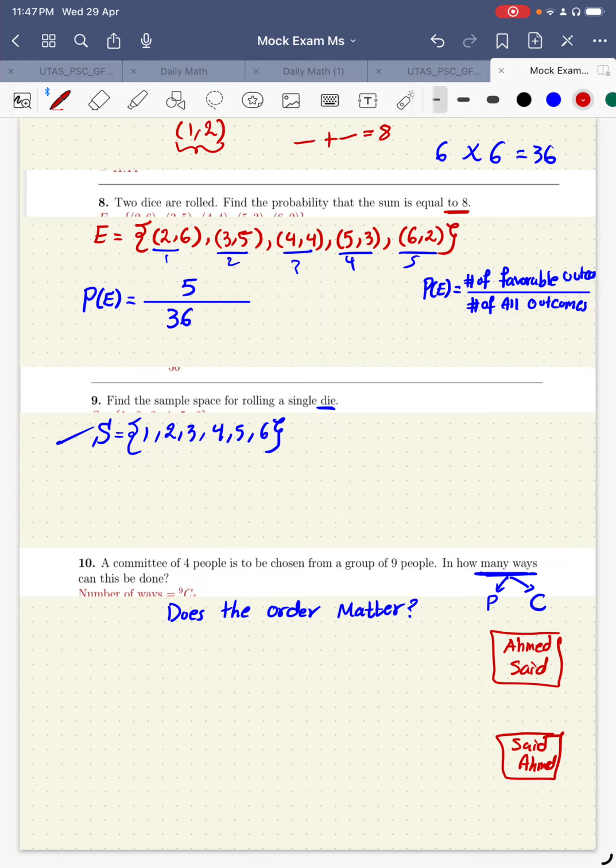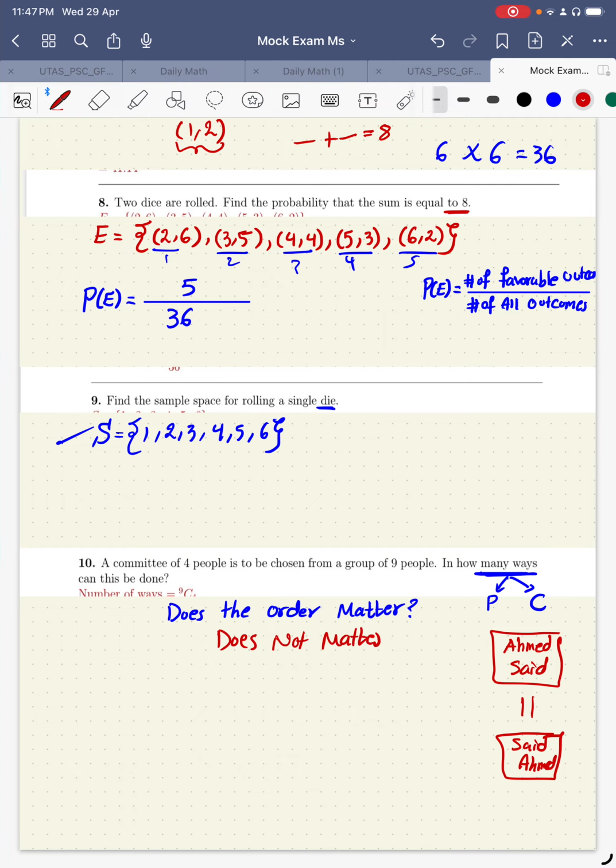Are those two committees different or are they the same? Obviously, they are the same, right? Because I have the same people in my first committee and I have the same people in my second committee. In that case, the order does not matter.